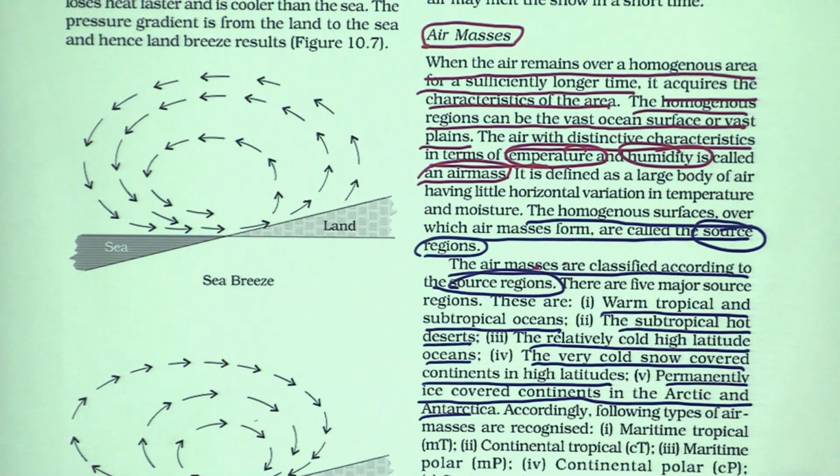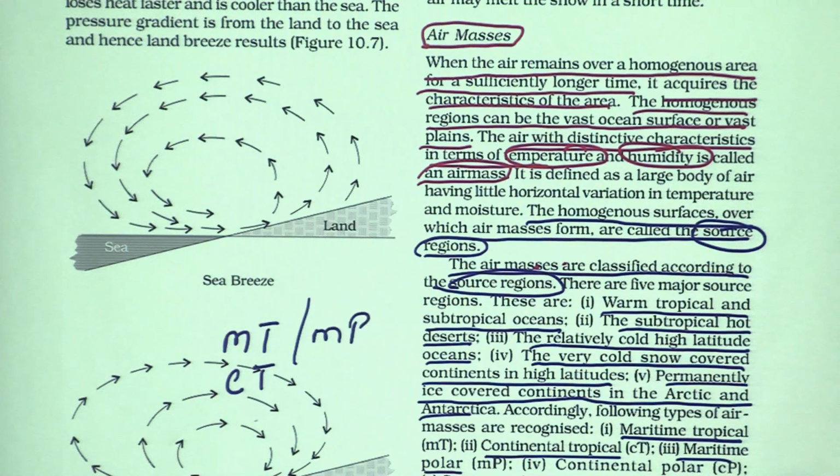The air masses outlined are maritime tropical, mT; continental tropical, cT; maritime polar, mP; continental polar, cP; and continental Arctic, cA.